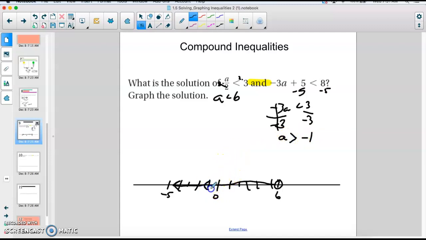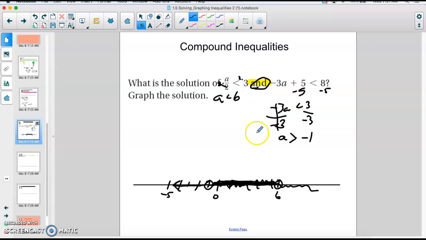So open dot, and I'll do a squiggly line for that one. Okay. And so our solution, graphing the solution, is actually the shared space in between. The reason being our solution is the shared space in between is because it's the word and.